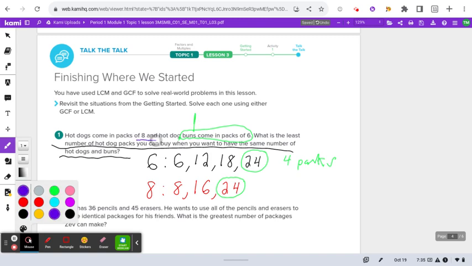And then for the hot dogs, you would have 3 packs. So if you were going to the store, you'd buy 3 packs of hot dogs, 4 packs of hot dog buns, then you'd have the same number of each, 24. 24 hot dogs, 24 buns.